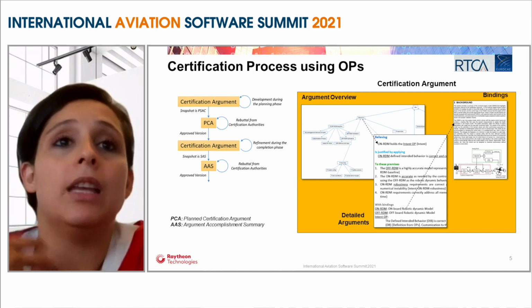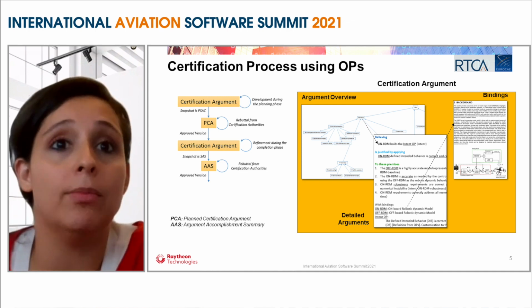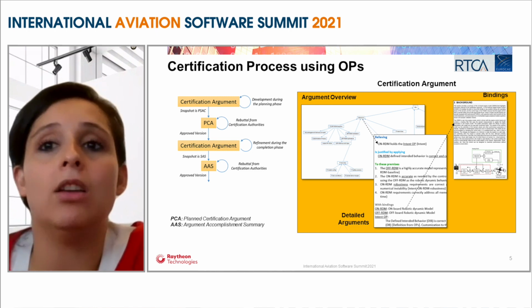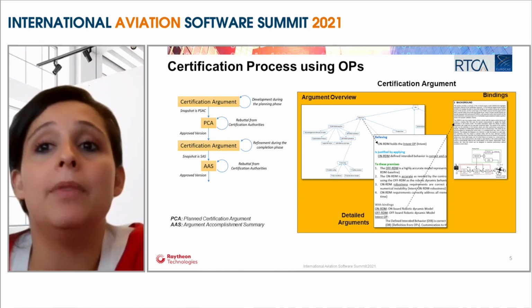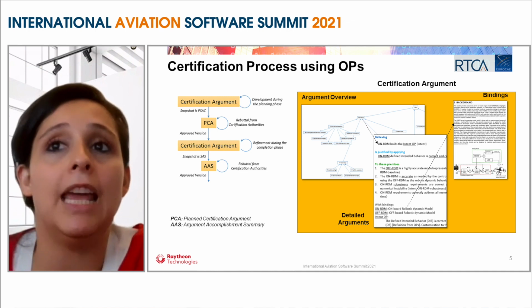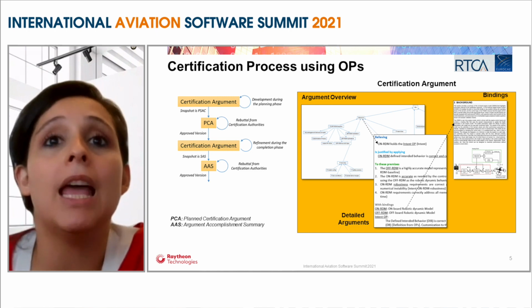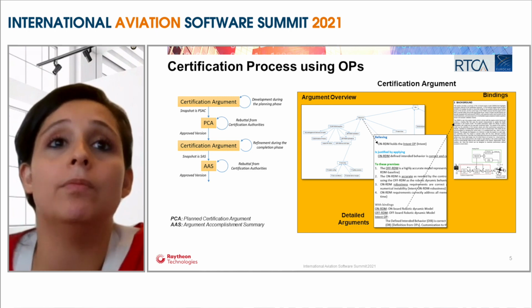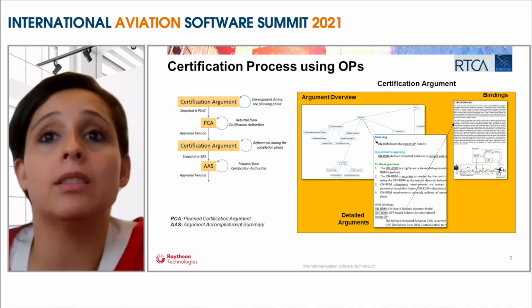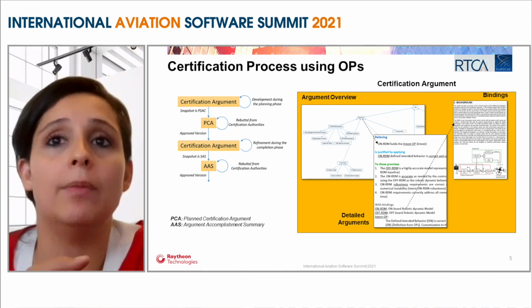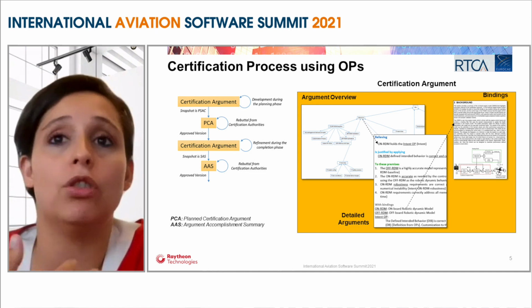It is composed of the detailed argument, provided using FAN, as Michael Holloway explained before; the binding document, which provides background information that will help the evaluator understand the system, what you are really proposing at the high level; and the graphical representation of the argument that provides an overview. The idea is to understand the high-level picture of your argument.